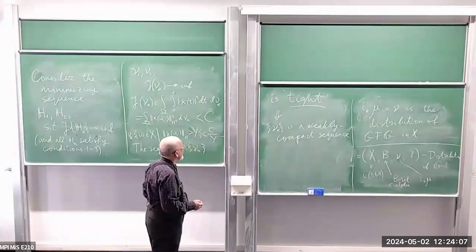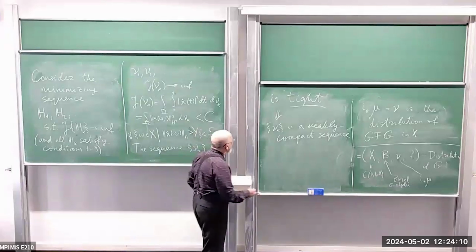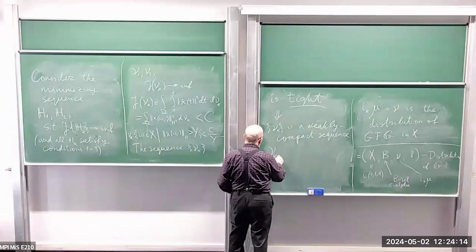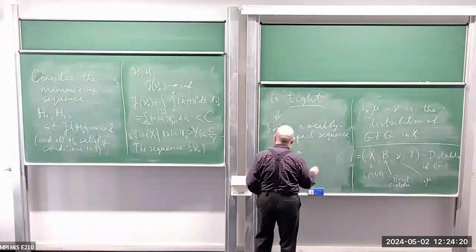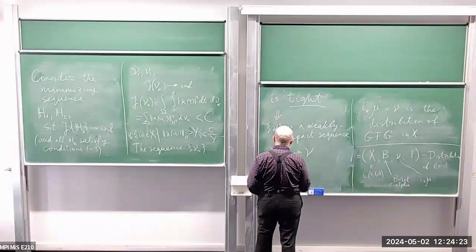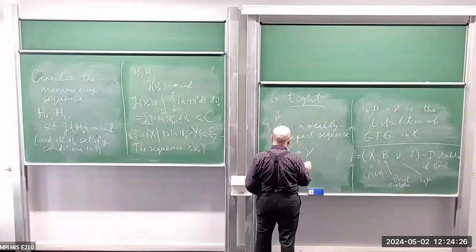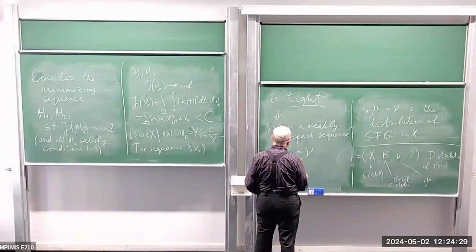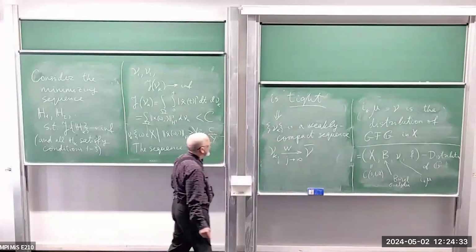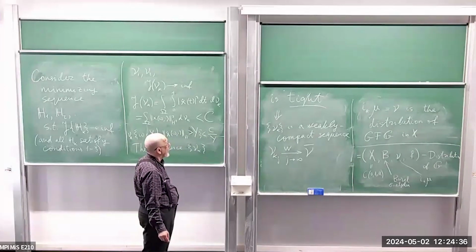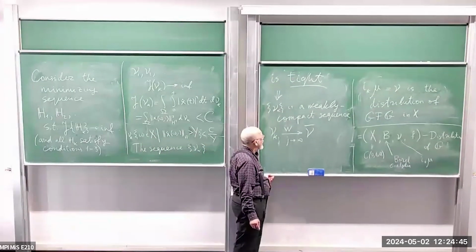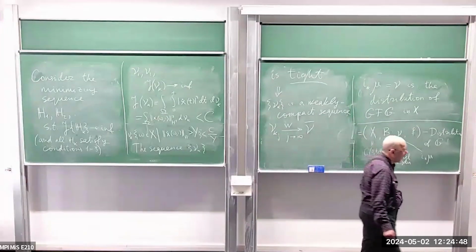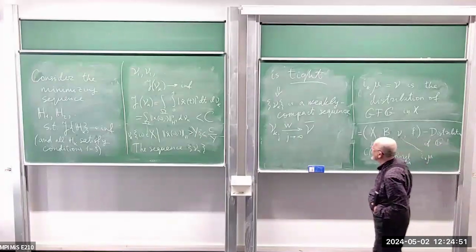With the compact sequence, nu k j tends weakly to some measure, let us call it nu bar, as j goes to infinity. So it converges weakly.